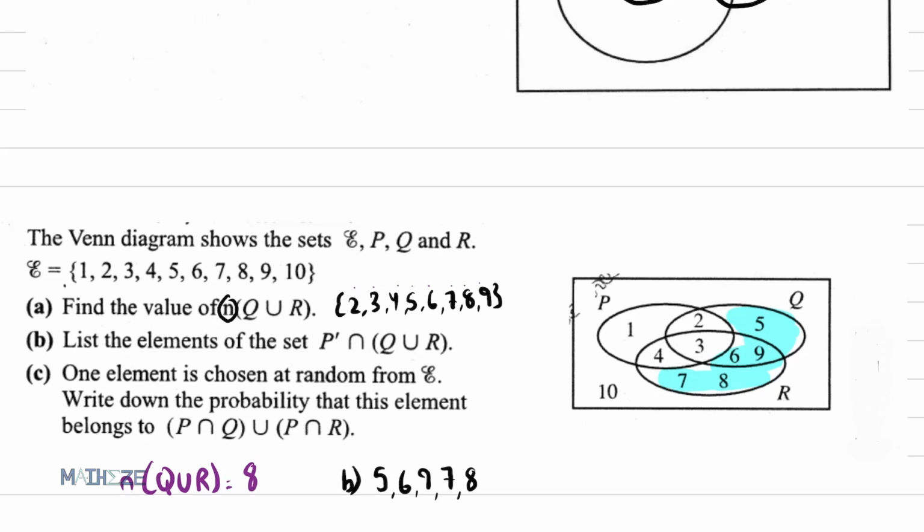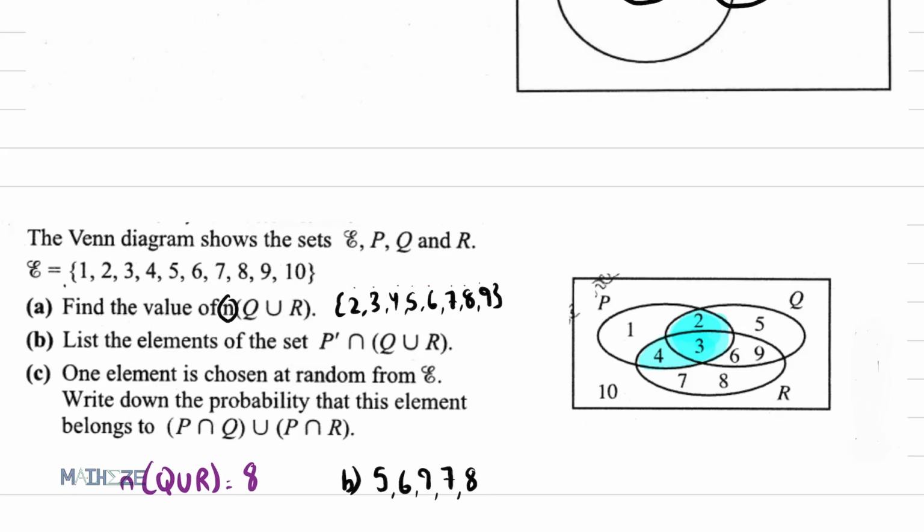Then it says one element is chosen from the universal set. Write down the probability that this element belongs to P intersection Q union P intersection R. Okay, so P intersection Q is this one and union P intersection R is this one. So how many elements are there? 3.